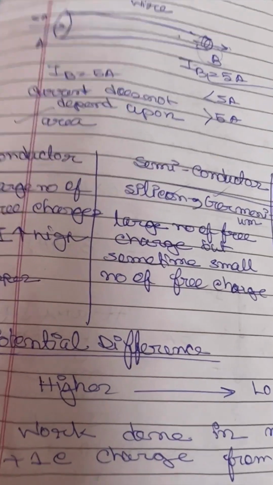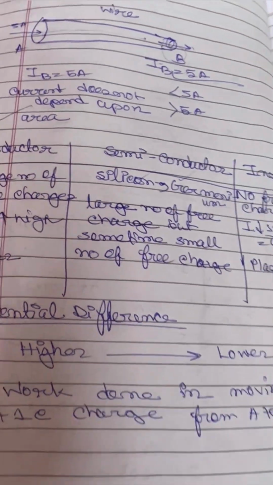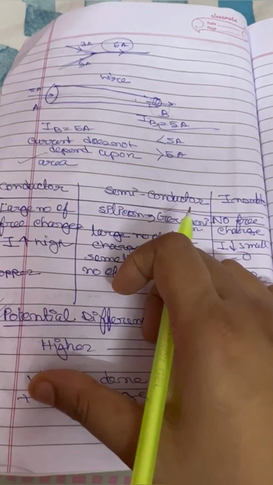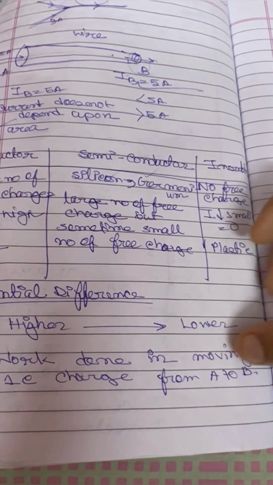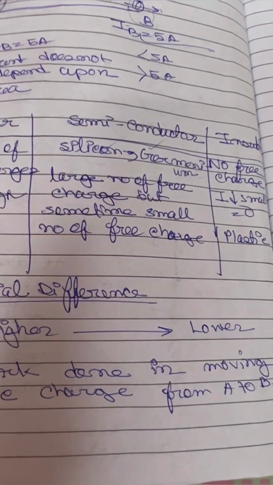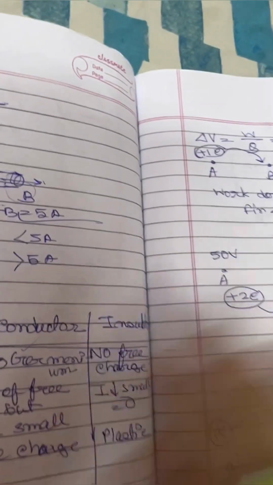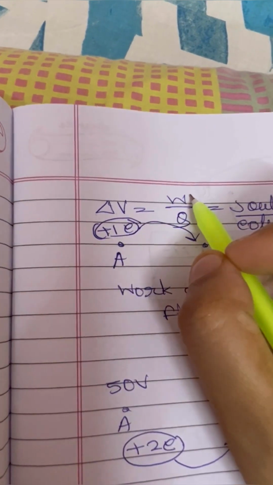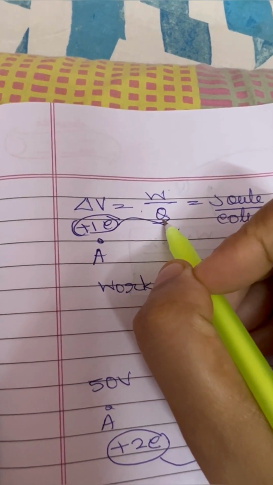Now we will learn about potential difference. Potential difference means, suppose something flows from higher concentration to lower concentration, that is the potential difference. So work done in moving one charge from position A to B: how much work we have done in taking a charge from A to B. So potential difference is equal to W by Q, work done per charge.